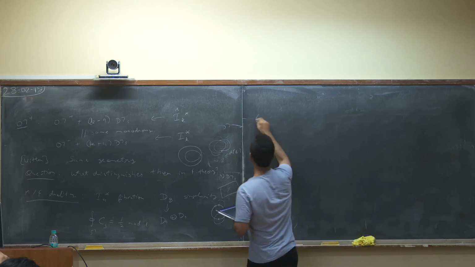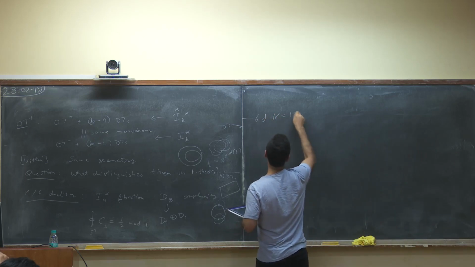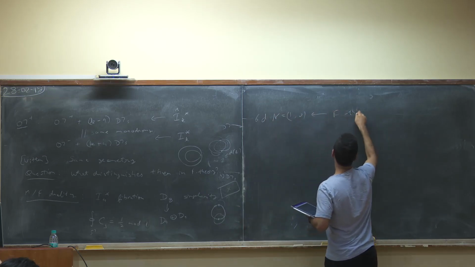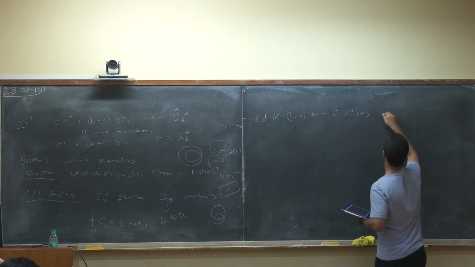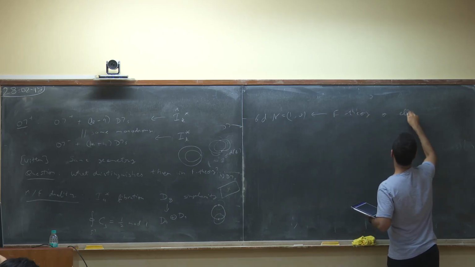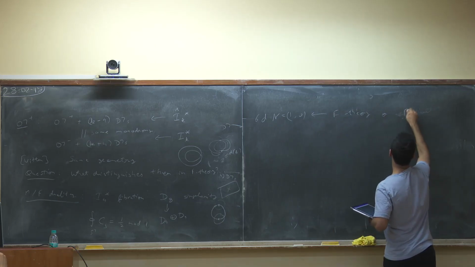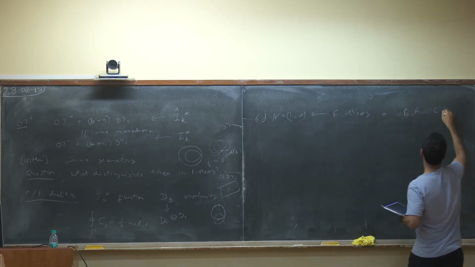So we want (1,0) supersymmetry in 6 dimensions. So we compactify F theory on an elliptically fibered Calabi-Yau threefold.